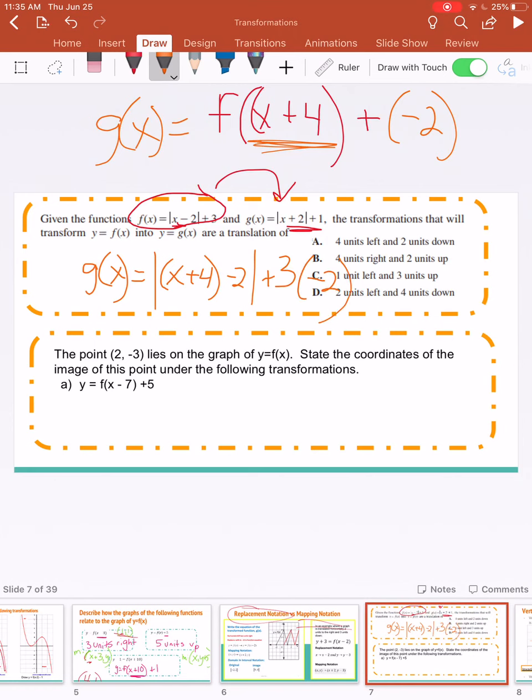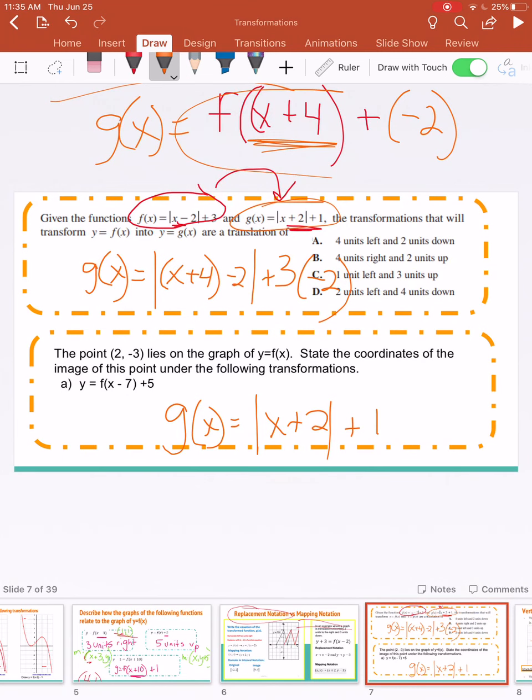So x plus 4 minus 2 gives us x plus 2, and then positive 3 minus 2 gives me a positive 1. So that's my goal here, is how do I transform that equation to end up with a second equation? Okay, this is my transformation formula, so that means we would have to move 4 units left and 2 units down. So my correct answer would be A.